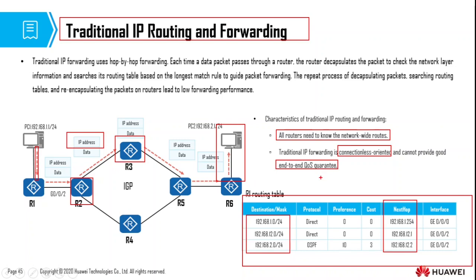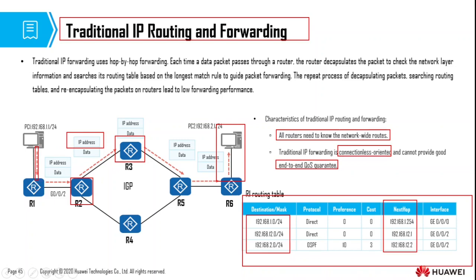What that means, connection oriented, it means that, as you're going to see, for example, with MPLS and another technology we call segment routing, you can specify the path that a packet will take from the source to the destination.